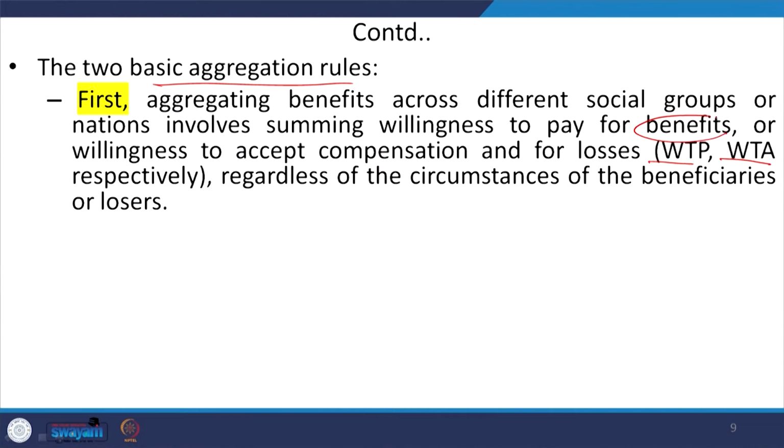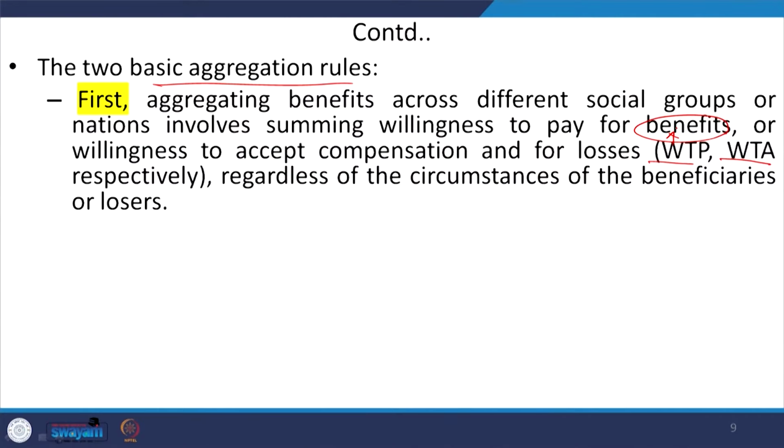If a consumer or a particular person is interested in getting a benefit and needs to secure this benefit, then he will be paying something, which is known as the willingness to pay. And if someone is losing, or is a victim and has to tolerate, and that is why he needs to be paid, that is expressed in terms of willingness to accept. So, willingness to pay and willingness to accept are helpful in finding the aggregation of benefits and aggregation of costs, which is reflected in social benefits and social costs.